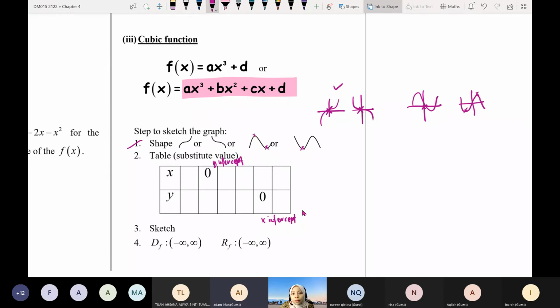Ada satu sahaja. Tapi kalau graph yang last two ni, yang cikgu lukis ni, how many intercept? 1, 2, 3. So dari situ you know graph yang mana satu. If you have one intercept macam ni. Kalau you ada sampai 3 intercept begini.